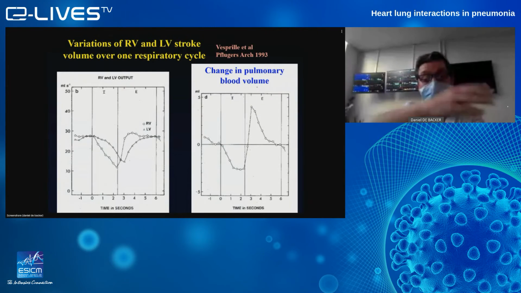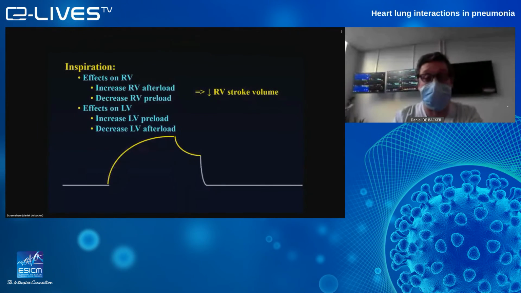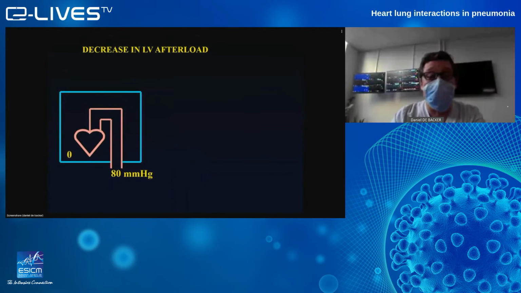And so, of course, the average cardiac output will be preserved, but there will be some variation between inspiration and expiration in the stroke volume itself. There is a second factor, of course, for the left ventricle, which is a decrease in the left ventricular afterload. If we realize schematically, to produce some pressure outside the thorax, when we apply no pressure in the thorax, the ventricle needs to generate the same identical pressure.